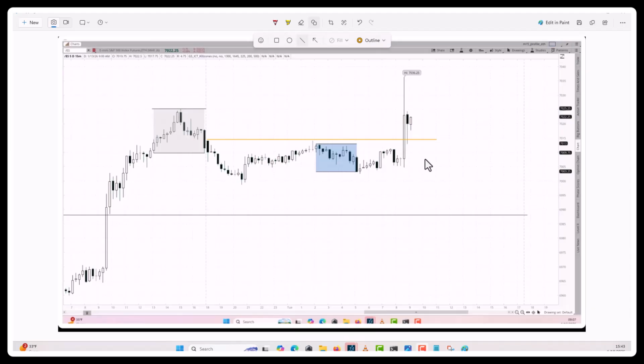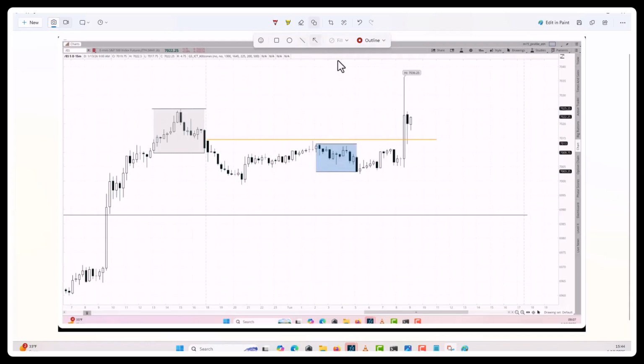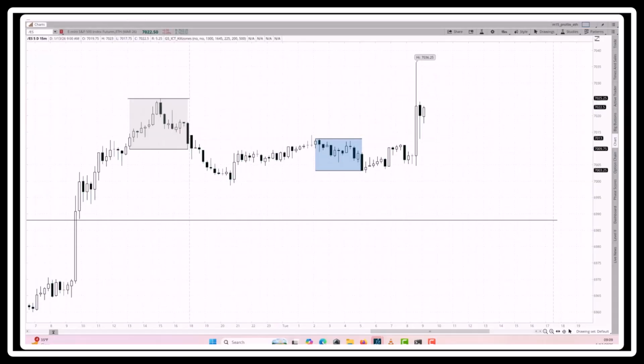All right, so that is a type 1 reversal right there. Break, touch from above, and it can be reclaimed right there. All right, let's continue rolling the tape right here. So it's not even 9:30 yet. So let's see what happened at 9:30.